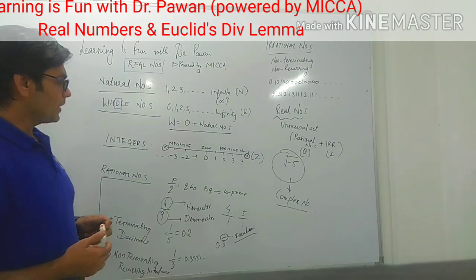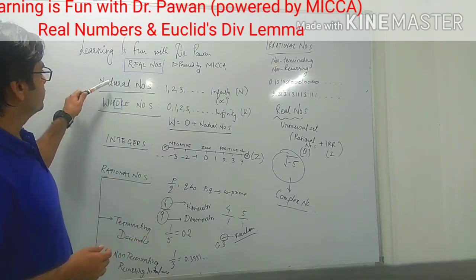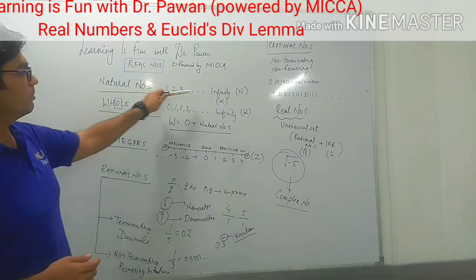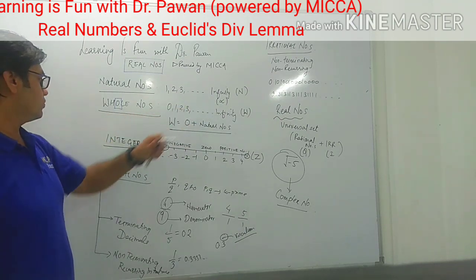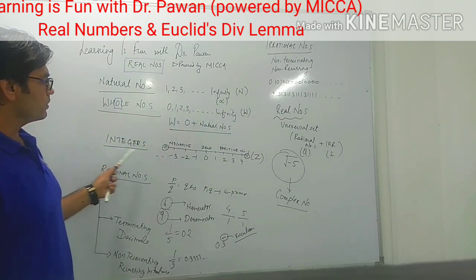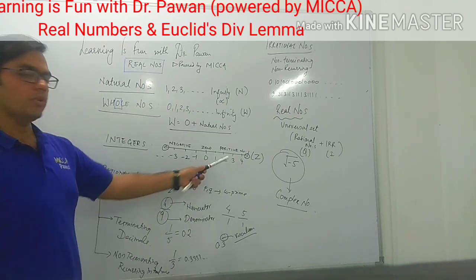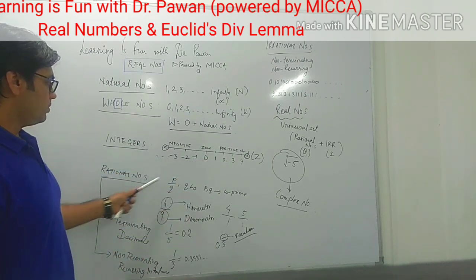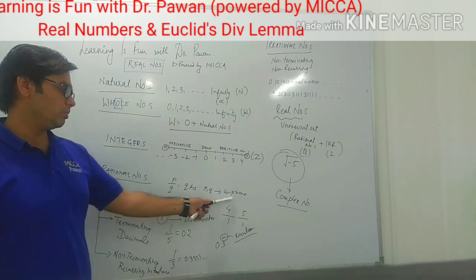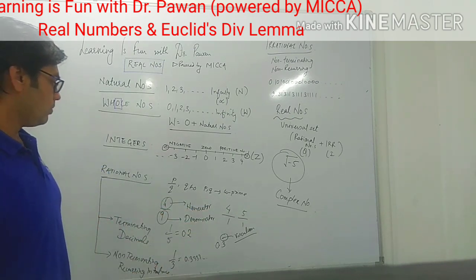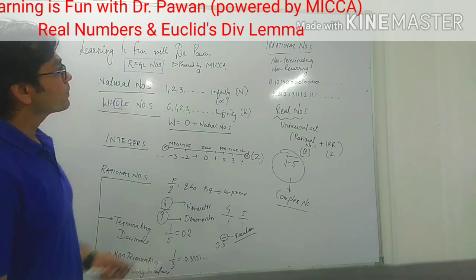So before that, let us quickly revise. You have natural numbers beginning from 1, 2, 3 and on. Whole numbers starting with 0 to infinity. Integers, negative, 0, positive numbers. Rational numbers, numbers of the form p by q, q not equal to 0, p, q are coprime. I explained what coprime means.